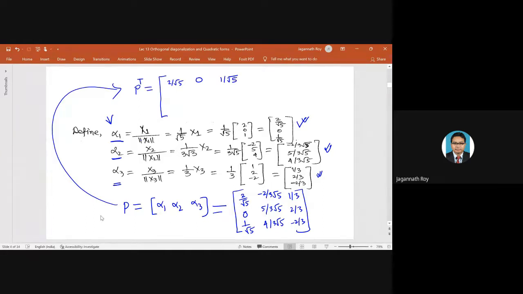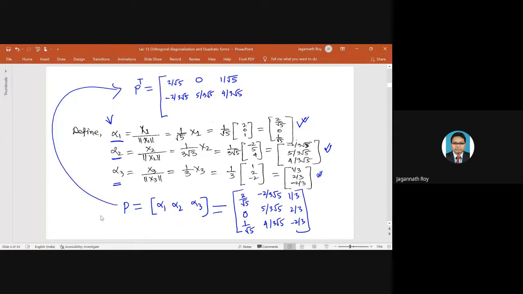So this is actually 3 root 5, 5 by 3 root 5, and then 4 by 3 root 5.